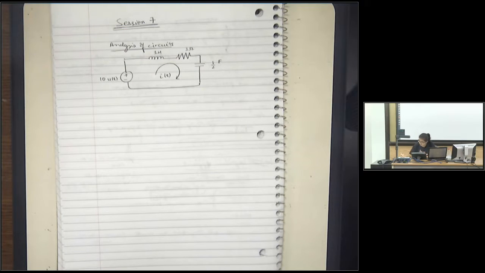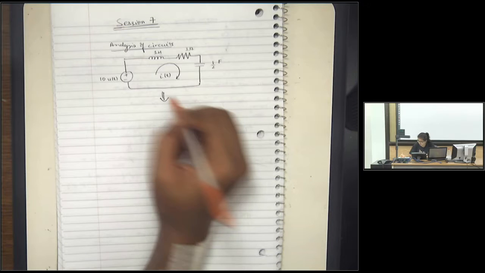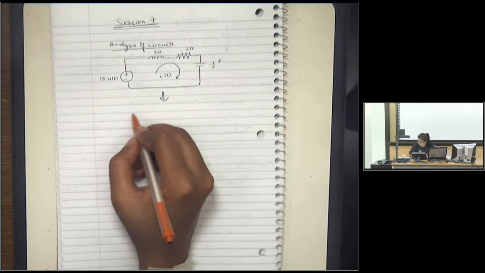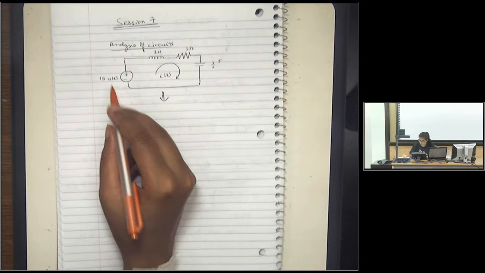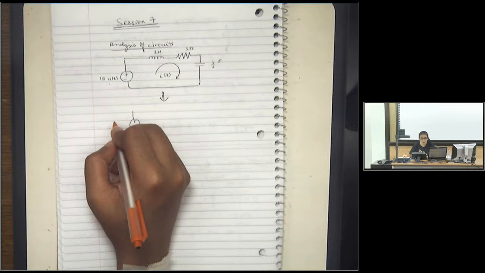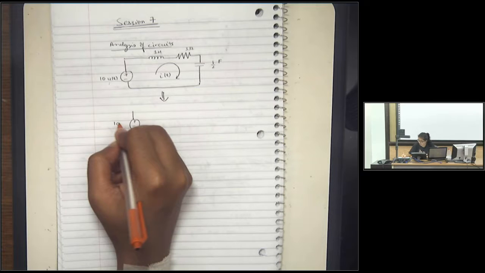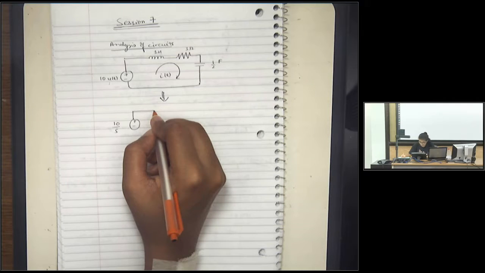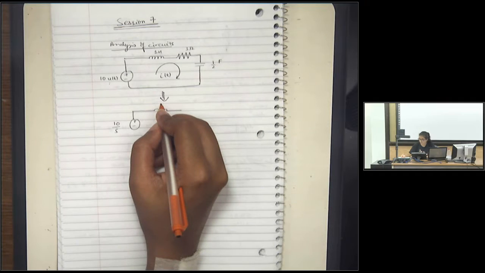This is time domain. The first step is to write the corresponding S domain circuit, right? So in S domain, we will just take the Laplace transform of 10 u(t). What would that Laplace transform be? 10 over S, correct. And our inductor will be represented by, any ideas?